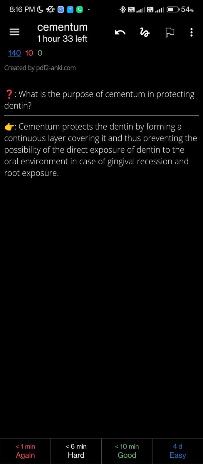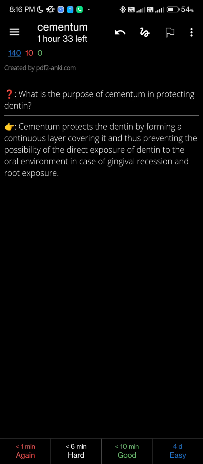So what is the purpose of cementum in protecting dentin? Cementum forms a continuous layer covering the dentin. This is to prevent the possibility of direct exposure to the oral environment in case of gingival recession or root exposure.